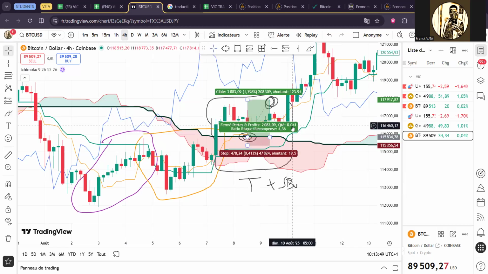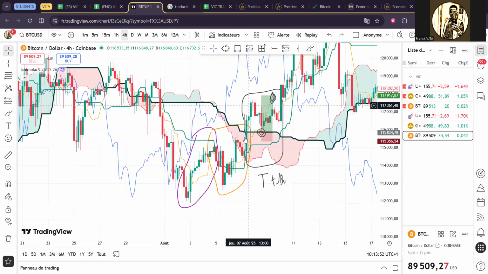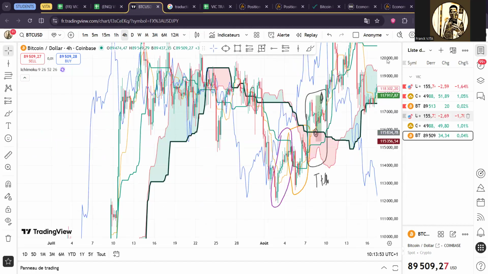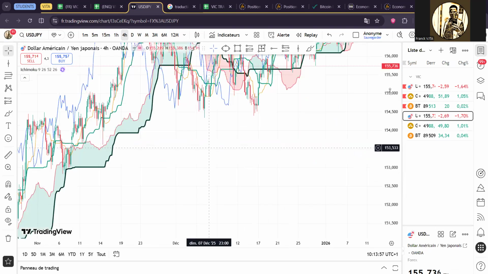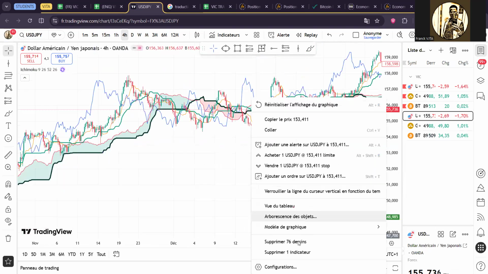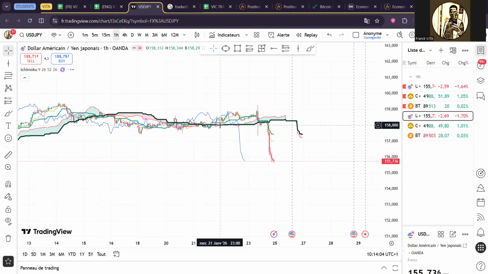So that's the next example. Let me try to find another example like this, maybe on USDT point. Let's go on 1 hour.